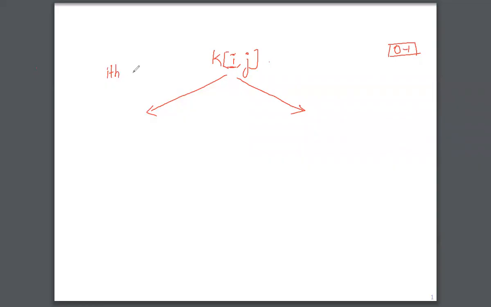The ith item is not considered, not selected. The ith item is considered, that means selected in our subset, right? That's it. These are the two possibilities. We either select the ith item to be in the knapsack, or we do not select the ith item to be in the knapsack. Only two possibilities.